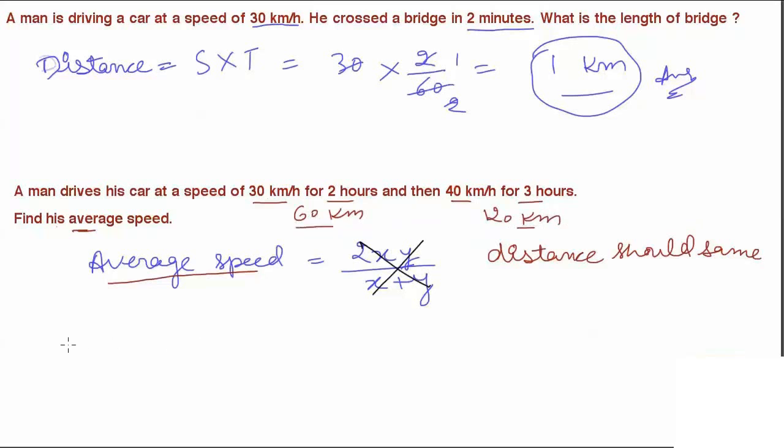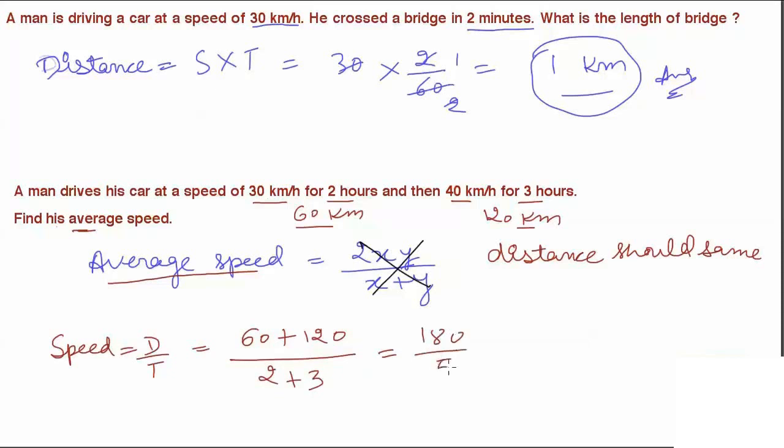So let's apply a simple formula, that is speed is equal to distance over time. So the distance is 60 kilometers plus 120 kilometers, and the time taken is 2 hours plus 3 hours, so it becomes 180 over 5.